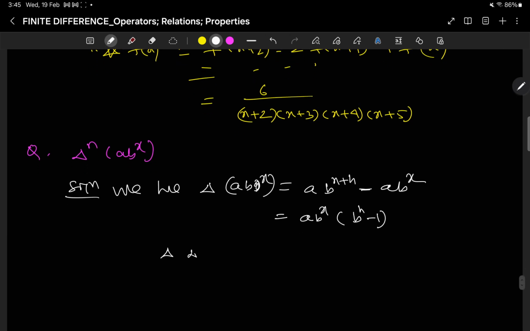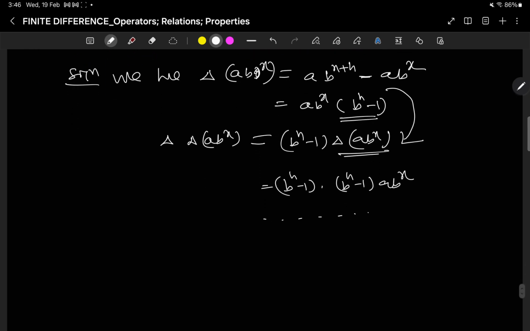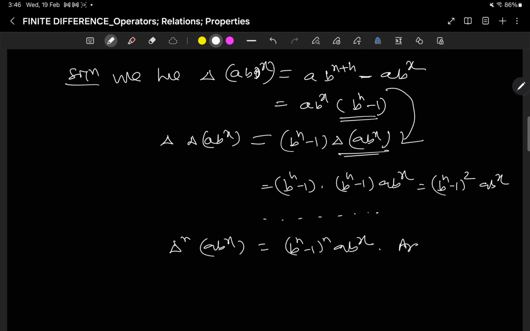If I operate del again on del of a b to the power x, this is your constant, b to the power h minus 1, times del of a b to the power x. Now del of a b to the power x again gives me b to the power h minus 1 into b to the power h minus 1 into a b to the power x. If I continue, it is b to the power h minus 1 whole square a b to the power x. So del to the power n of a b to the power x will be (b to the power h minus 1) to the power n a b to the power x. This is your answer.